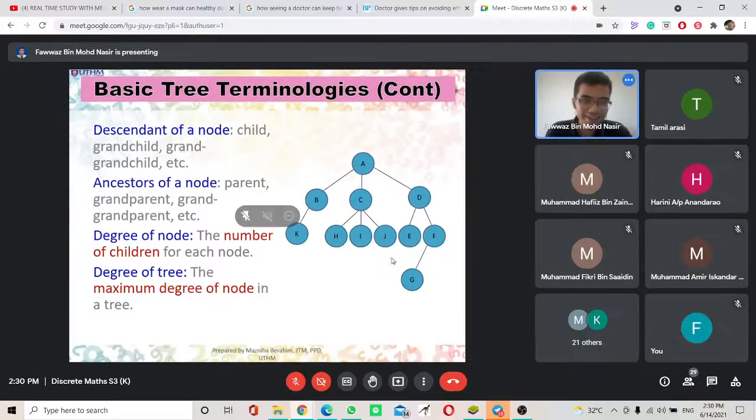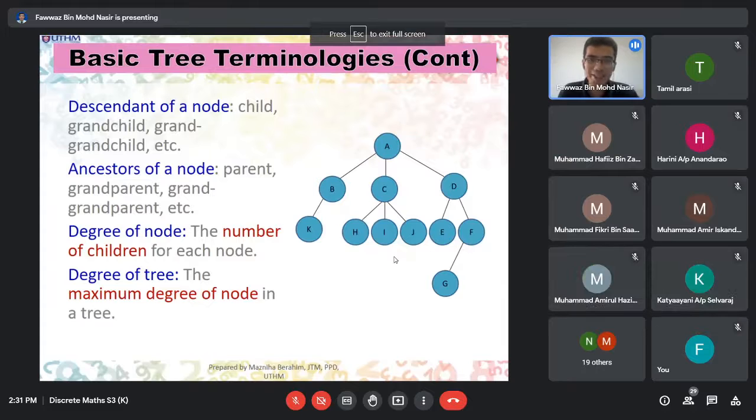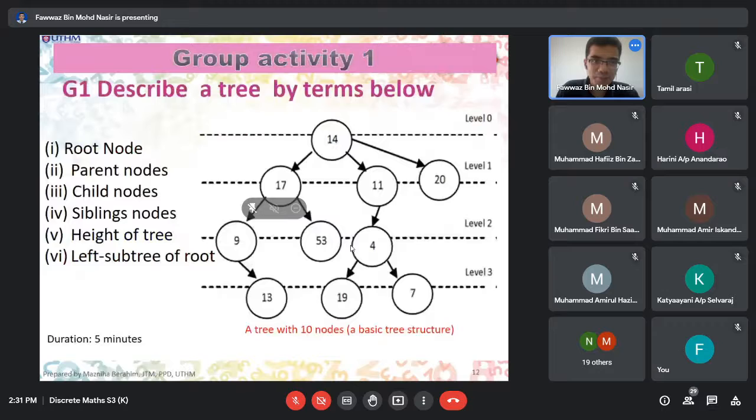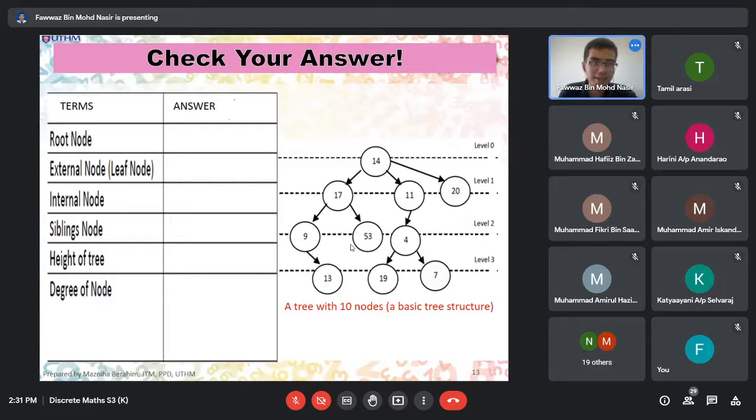Okay, jadi dapat jawapan untuk soalan tadi? Kita discuss jawapan dia. Mula-mula tadi dia tanya root. Based on this diagram, this tree, the root is 14.